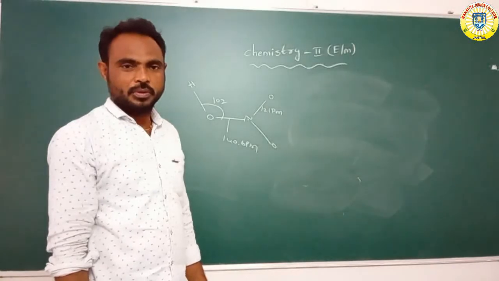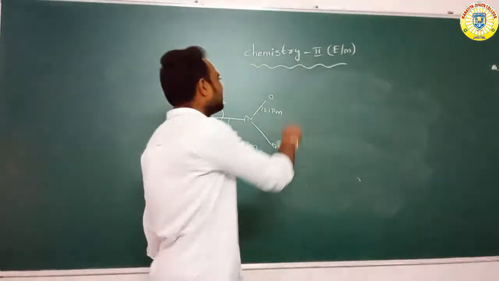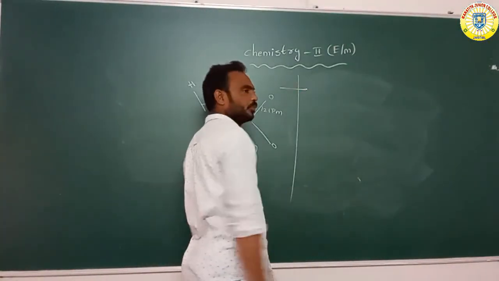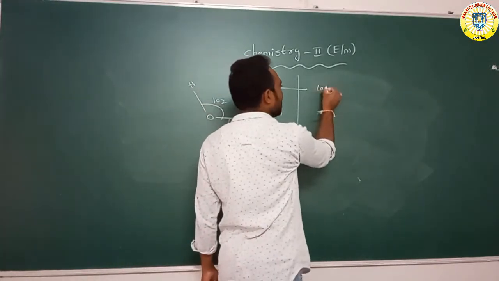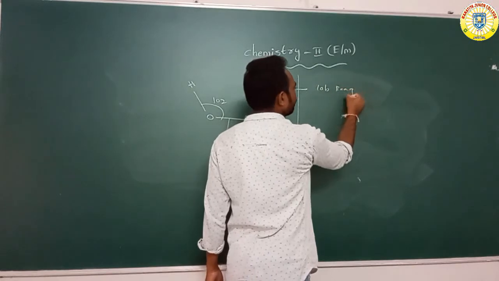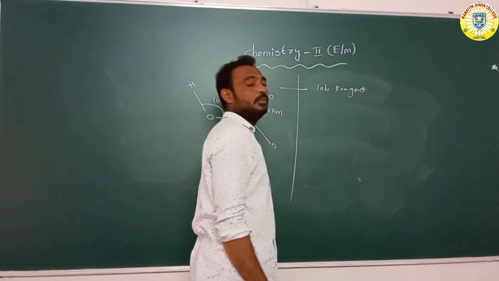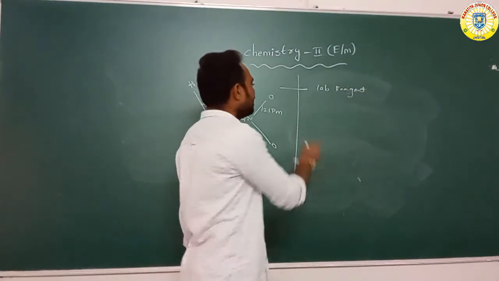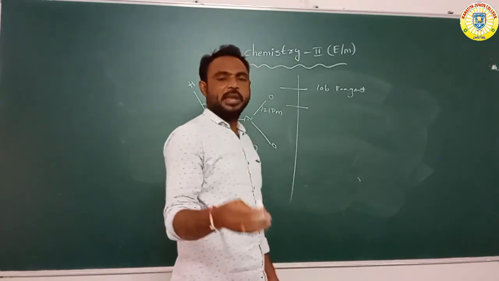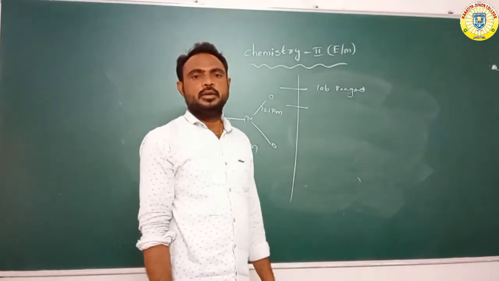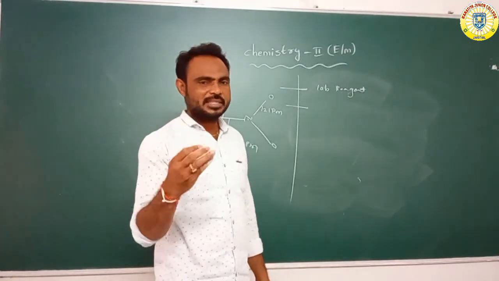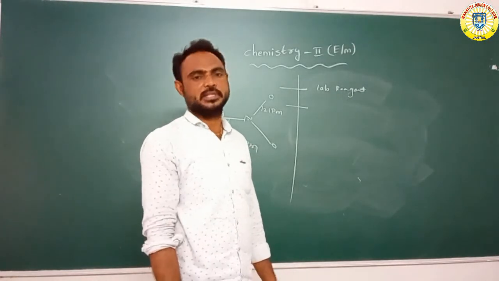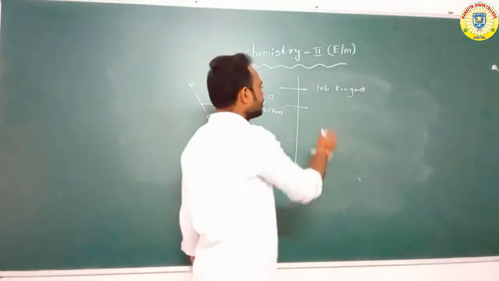At the same time, what is the use of HNO3? HNO3 is mainly used as a lab reagent. It is also mainly used for the preparation of fertilizers, which are used for agriculture purposes, like which compound?